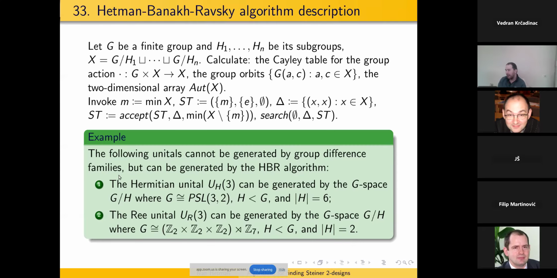This is an example and the explanation of how these unitals can be generated. But these cases are very rare. I actually know only, I suppose, 5 such cases where we need a bigger group in order to generate some design, but we cannot do it with a smaller group of the size of the number of points of the Steiner design.